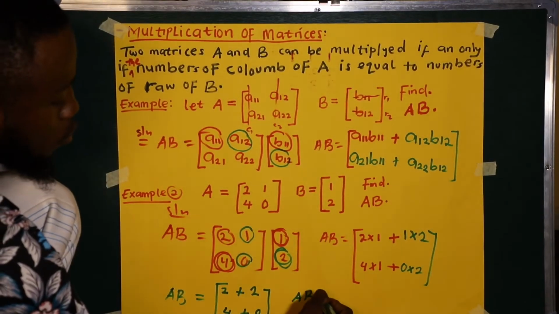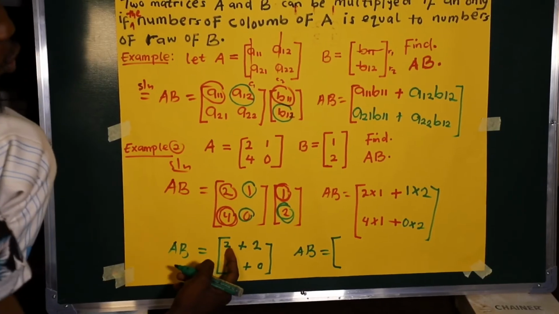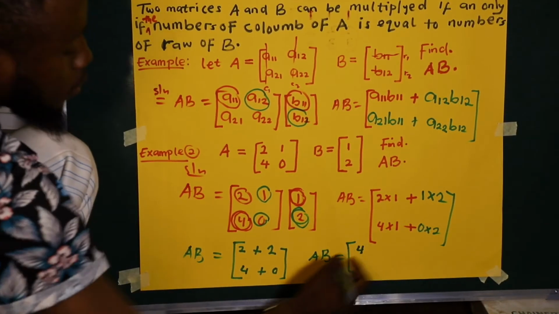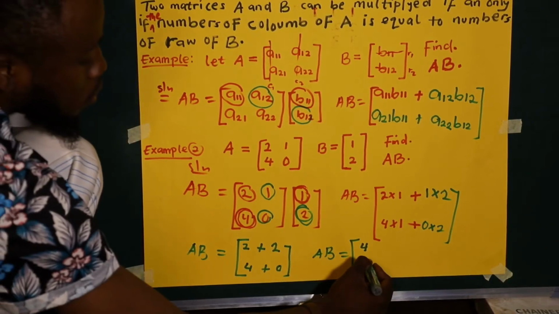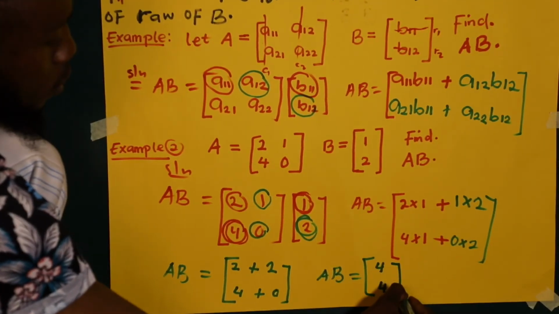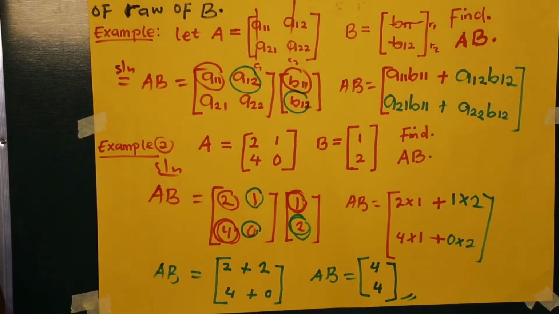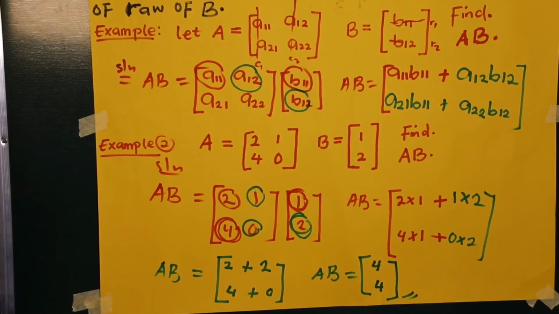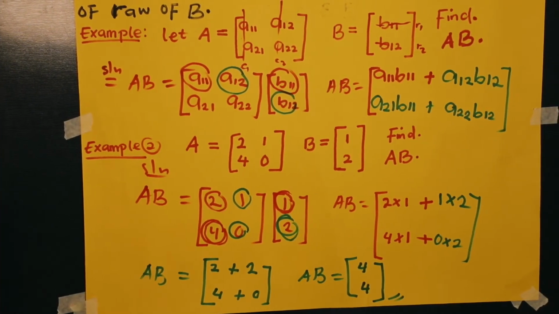Matrix of AB will be 2 plus 2, 4, and 4 plus 0, 4. So this is how we multiply two matrices, A and B, and obtain our answer.